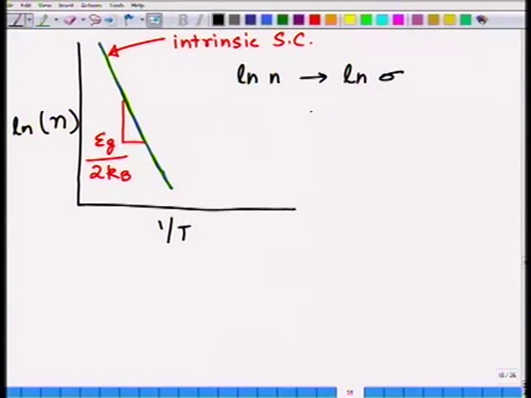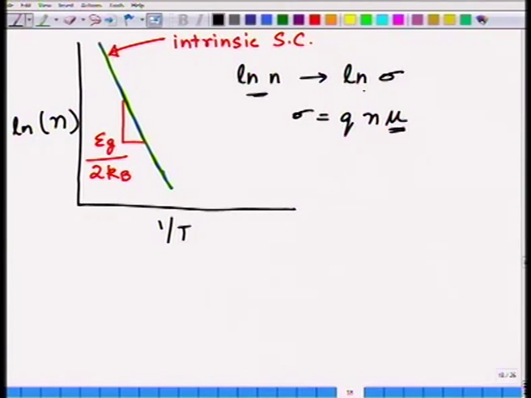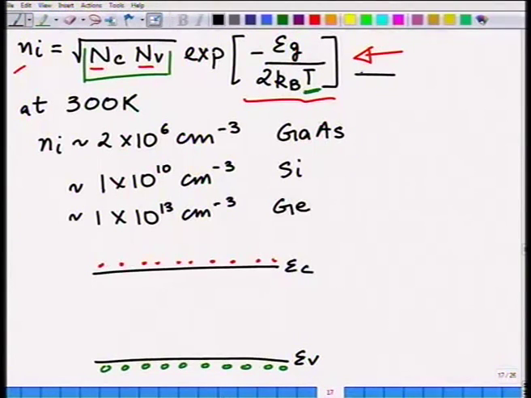If instead of log n, you were to plot log of conductivity, and remember, going back to our ideas of conductivity, conductivity would be equal to number of electrons, charge and mobility of the carriers. So, if instead of log of n, you plotted log of sigma, then Q obviously does not have a temperature dependence. The temperature dependence of n is already stated right here.